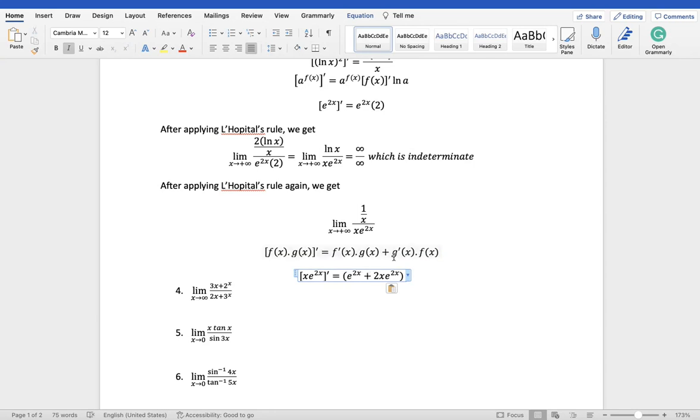And then plus the derivative of g of x, which is the derivative of e to the 2x, which is 2 multiplied by the same function, e to the 2x. And then all of that is multiplied by f of x, which is just x. So we have 2x times e to the 2x. Does that make sense now?